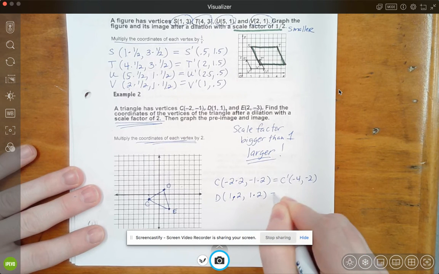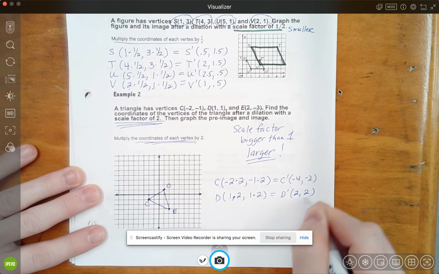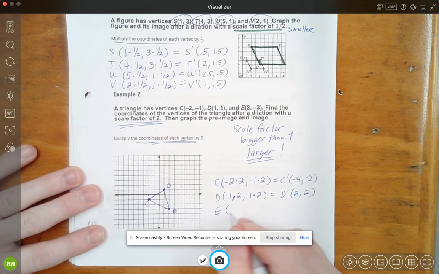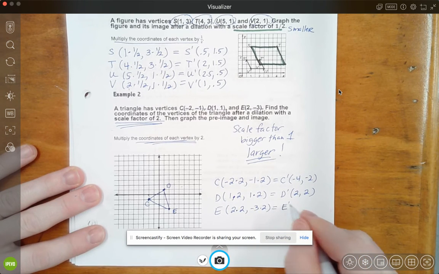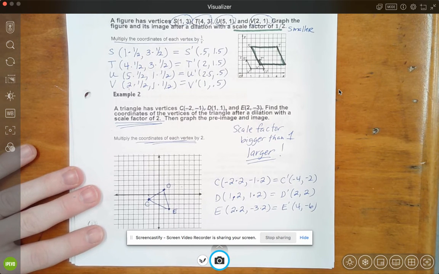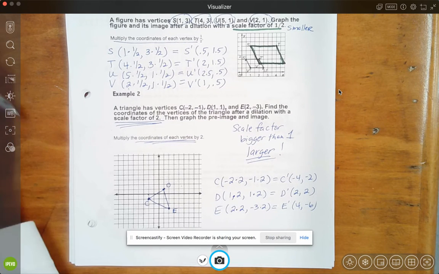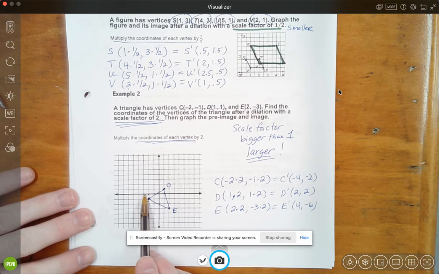That will give me my new point there at 2, 2. And then I take my last one at 2 times 2, and negative 3 times 2. And that will give me my new point at 4, negative 6. And then I can graph those. Let's put them in a different color here. So I'm going to graph those at negative 4, negative 2. So 1, 2, 3, 4. 1, 2.